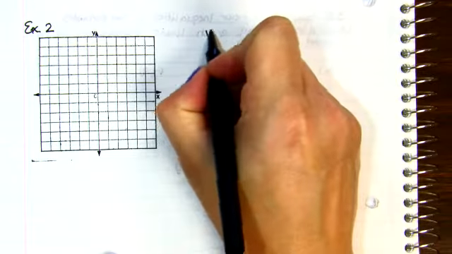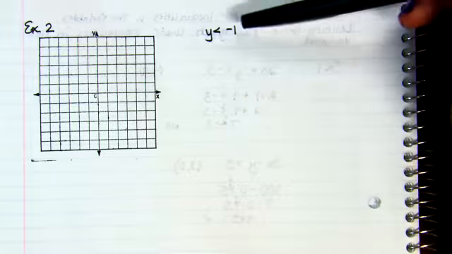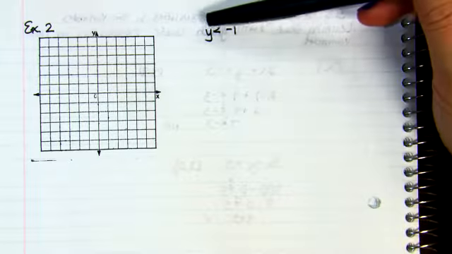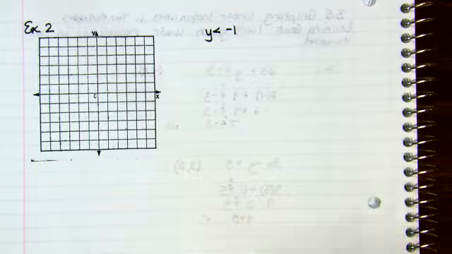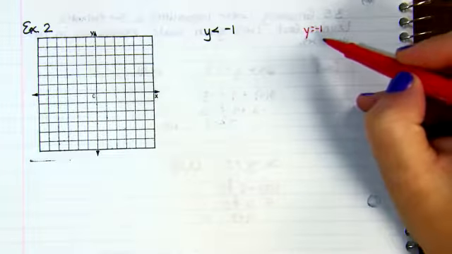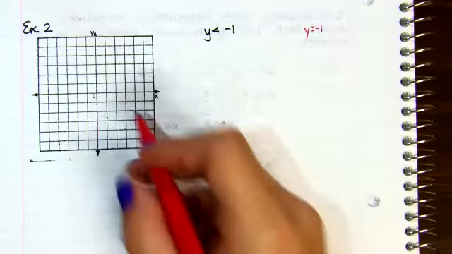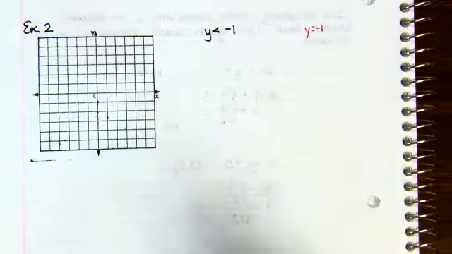So to start off with, let's just graph an easy one. We can graph y is less than -1. In this case, think about what the graph of y equals -1 would look like. Remember, y equals -1 is going to be a horizontal line because we're going to have a slope of 0, and it's going to go through this point right here.